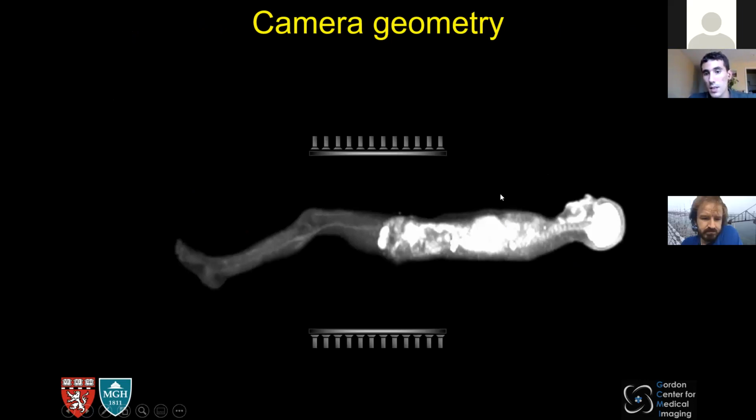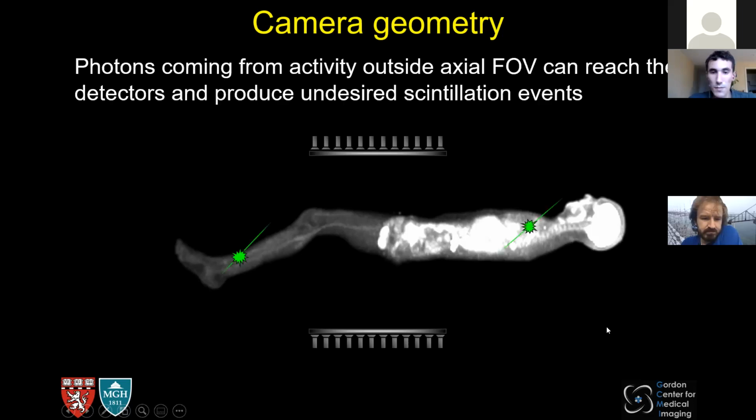As you have injected the radiotracer, you not only have signal within the field of view of the scanner, you also have activity everywhere outside. So you can have annihilation events in the feet or in the thorax that produce photons that can interact with your scintillators, and that would typically create a lot of randoms.